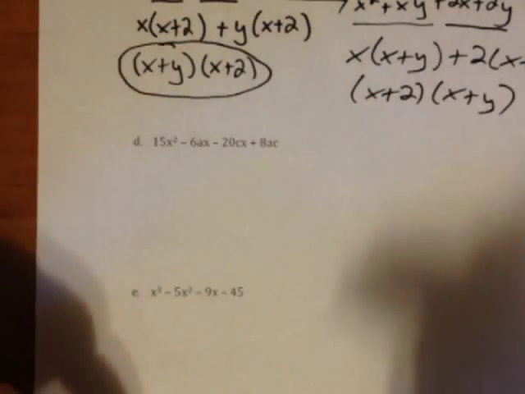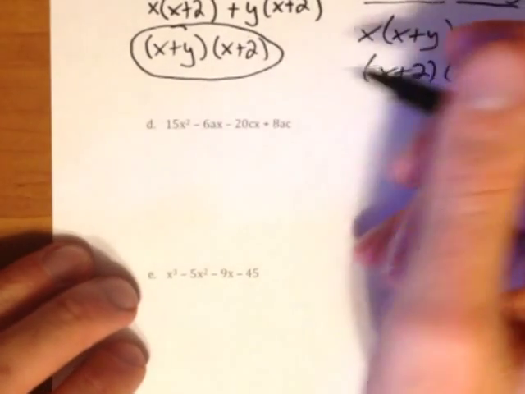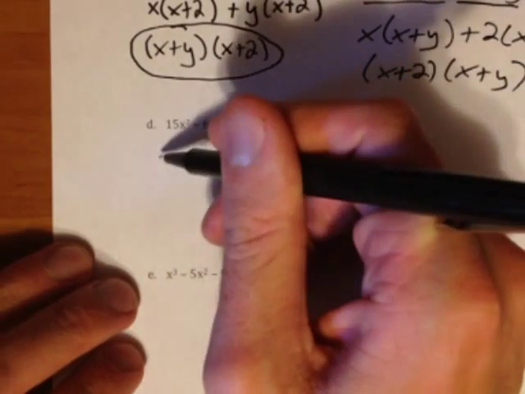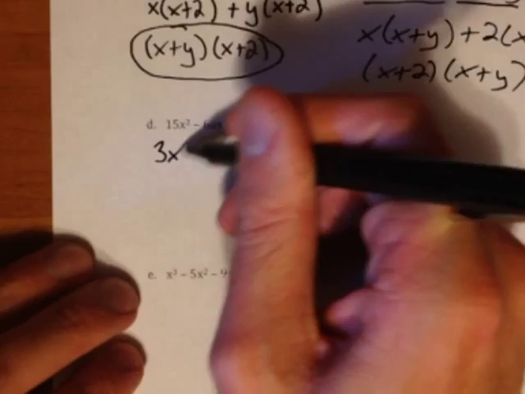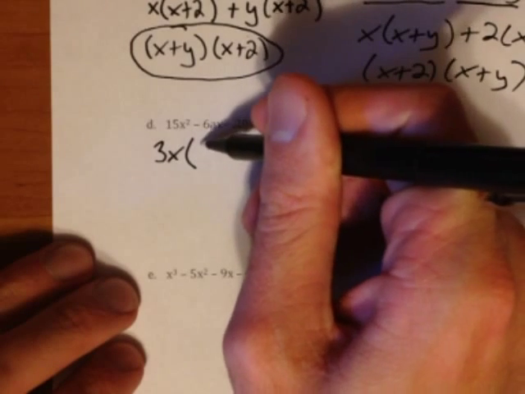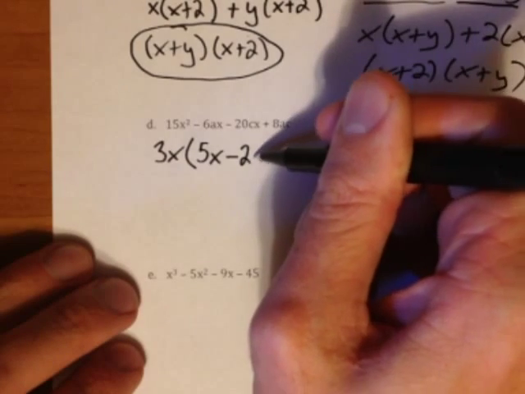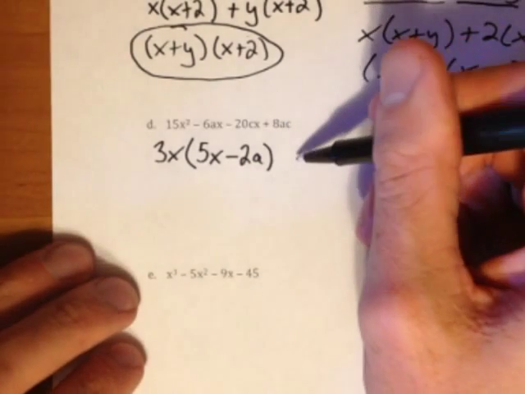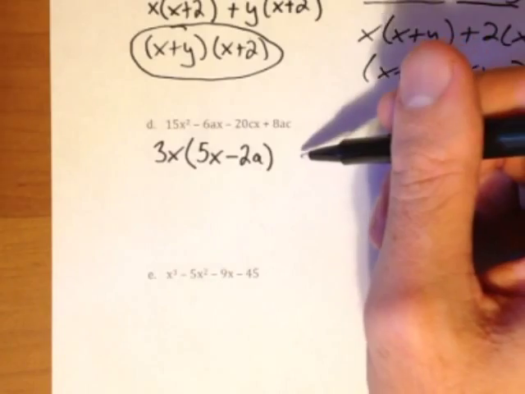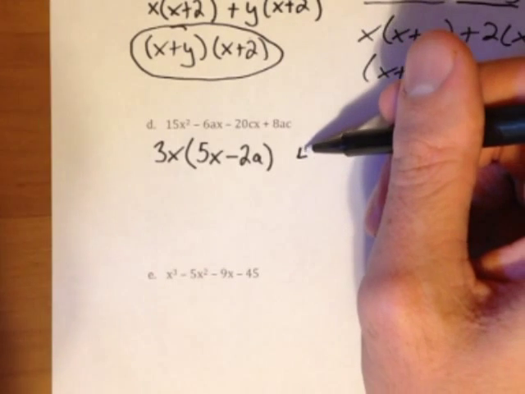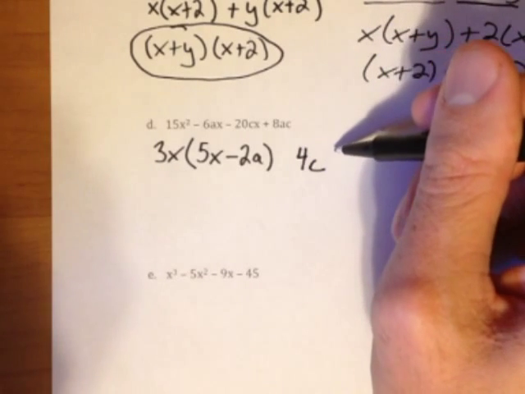All right. I'm assuming you've done that by now. So here, 15 and 6 have a GCF of 3, and they both have an x, and I'm left with 5x minus 2a. Here, I have a choice. I could factor out either a 4c or a negative 4c.